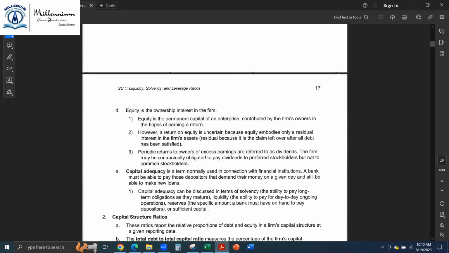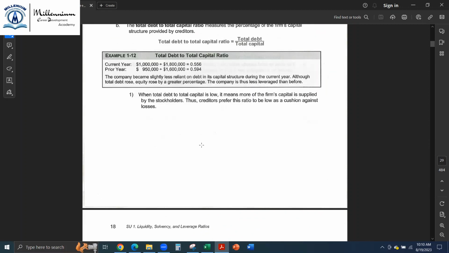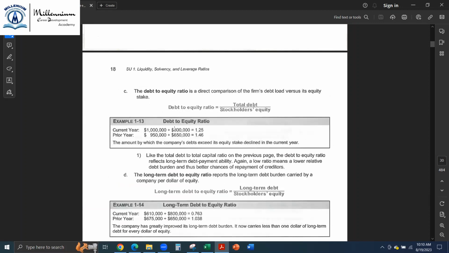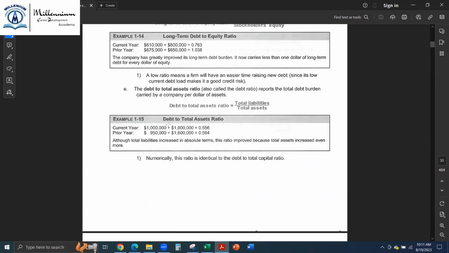Capital structure: debt to total capital ratio was 0.56 and 0.594. The debt to equity ratio is 1.25 and 1.46. Then the long-term debt to equity ratio, and debt to total asset ratio. Debt to asset and debt to capital ratio are the same, right?